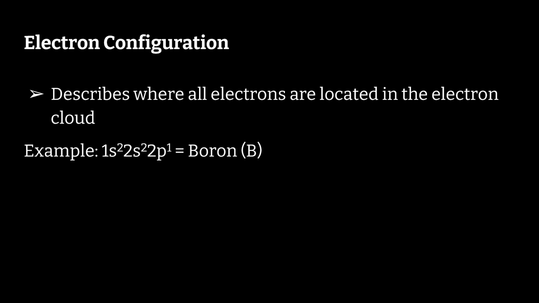Or if we take a look at boron, it has this electron configuration, meaning that in the first s orbital we have 2 electrons. In the second s orbital, we have 2 electrons. And then in the second p orbital, we have 1 electron.